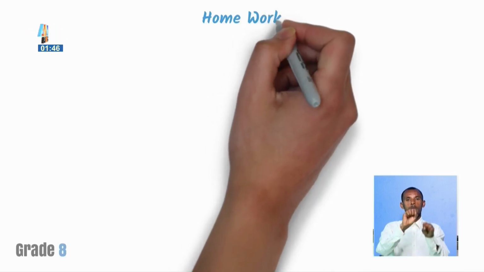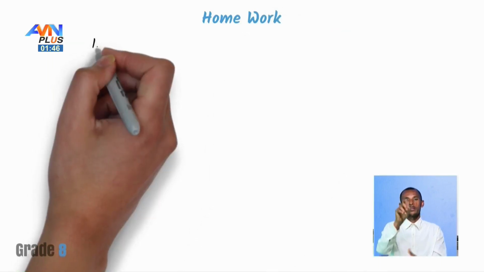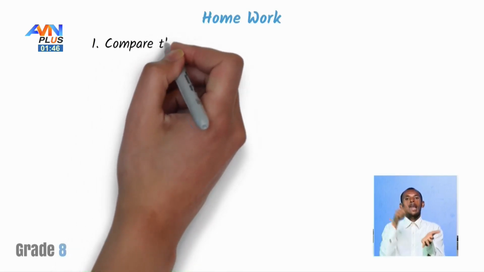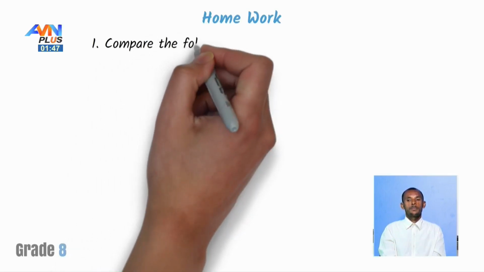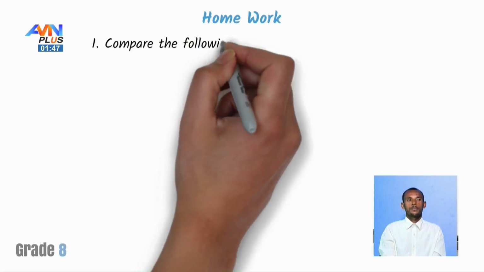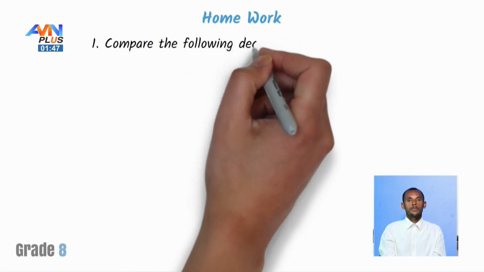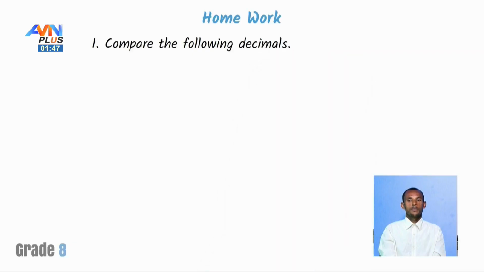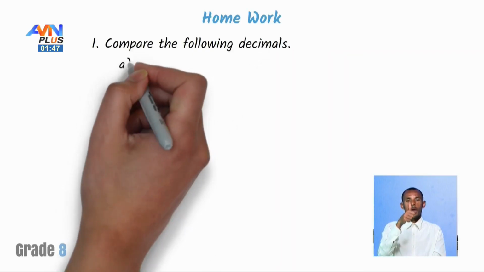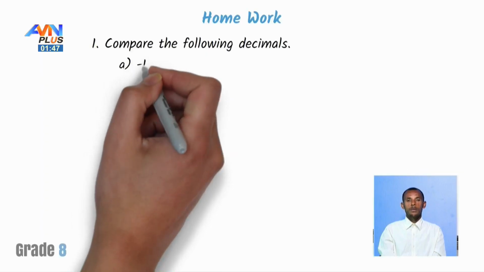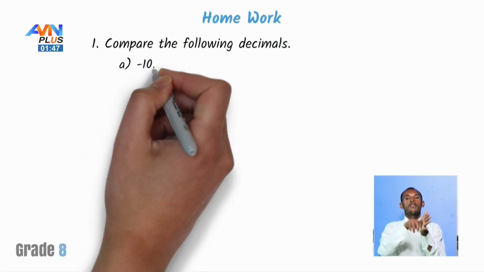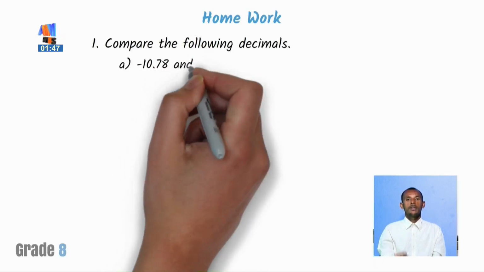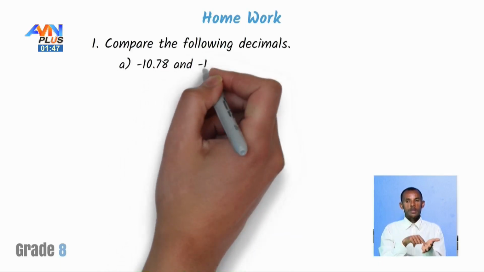The first question that I have for you today is compare the following decimals. In the A part, we have negative 10.78 and negative 19.32.